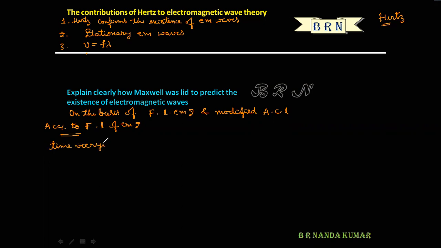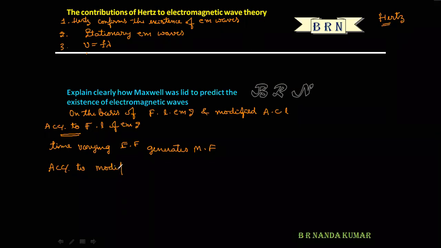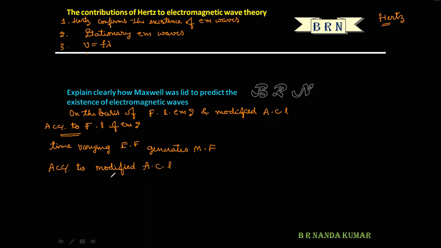According to the modified Ampere's circuital law, this point is very important, the time varying electric field generates the magnetic field.